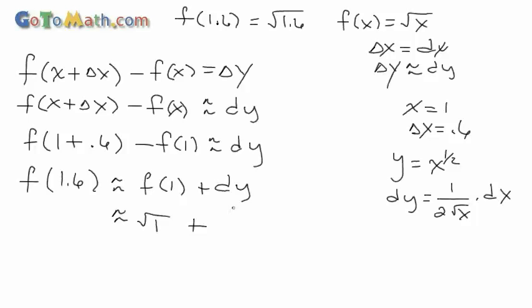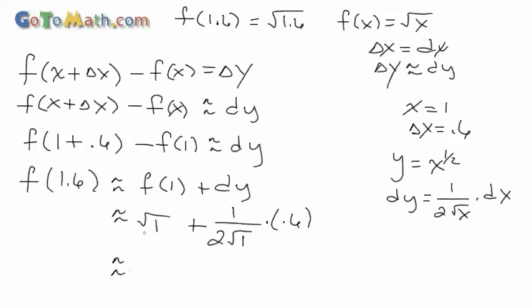And I'm going to go ahead and plug in my 1 into there also. Let's just do that also, okay? And then dx, remember what dx is. Remember dx is equal to delta x, but delta x is equal to 0.6. Right, 0.6, okay?